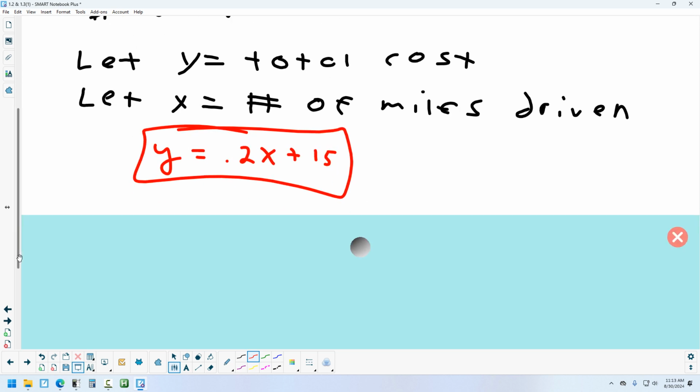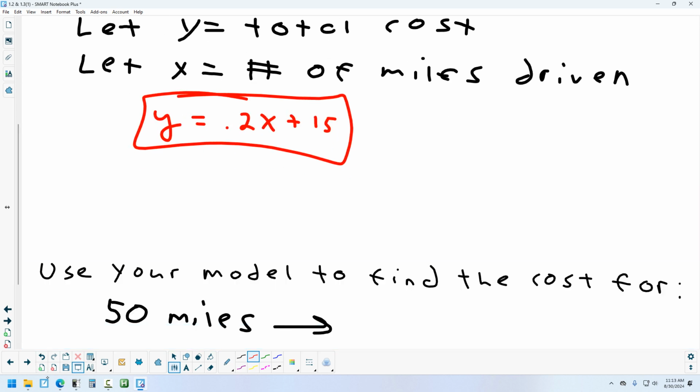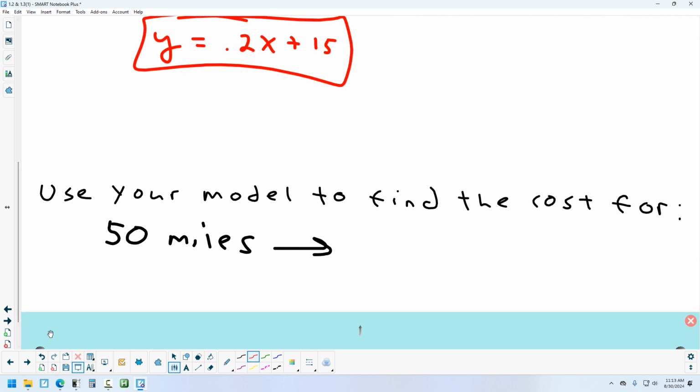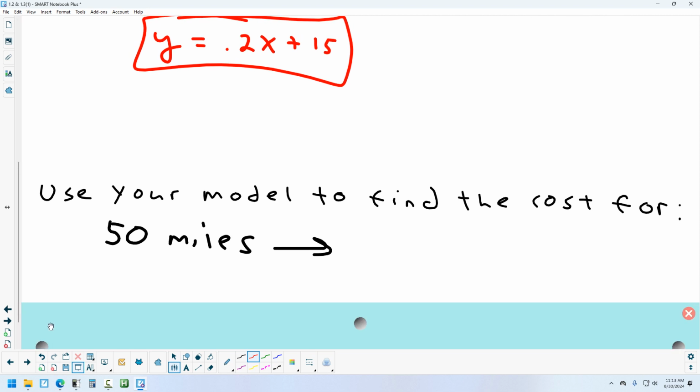All right, now I want to use that equation to figure out the cost to drive 50 miles. So how are we going to use that equation and the 50 miles to figure out the cost? Yeah, Kelsey? Insert 50 where x is. Yeah, we're going to plug in 50 for x.